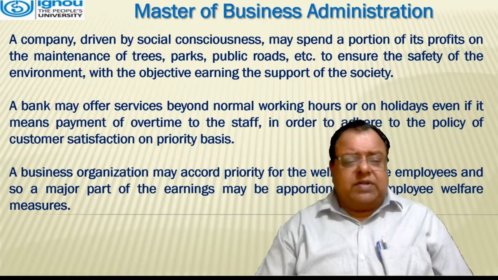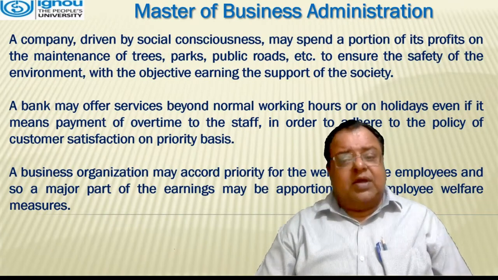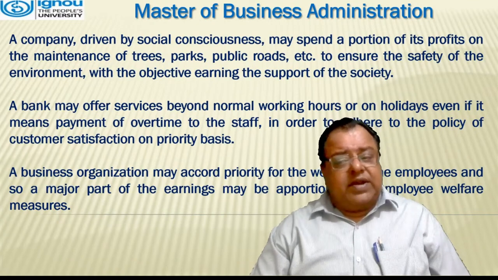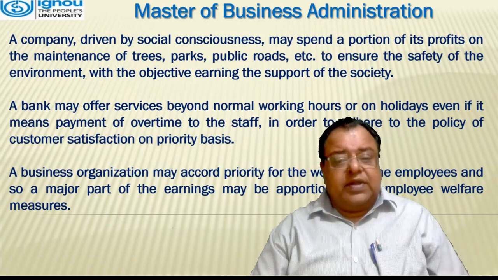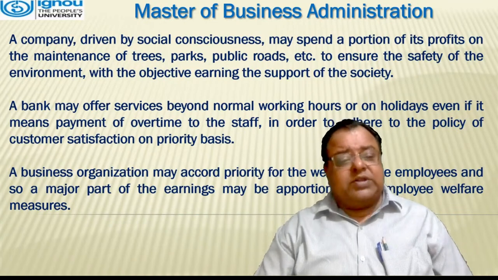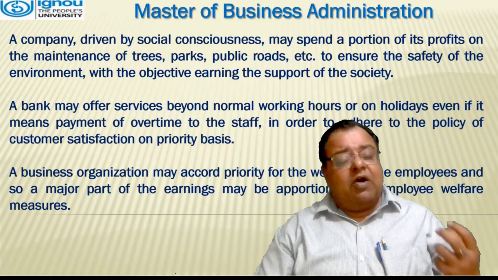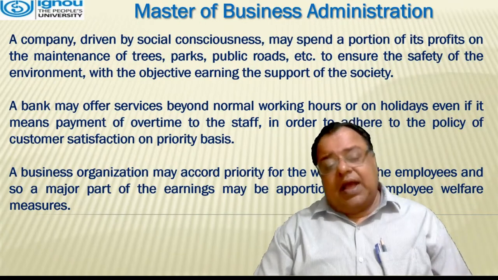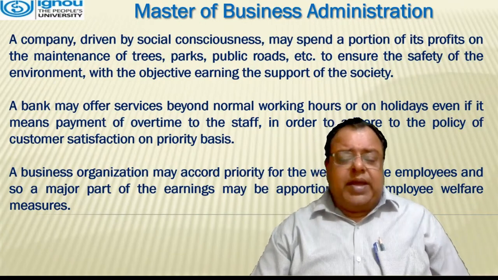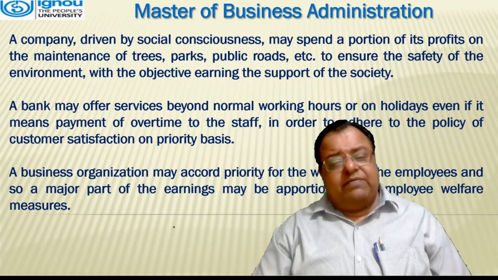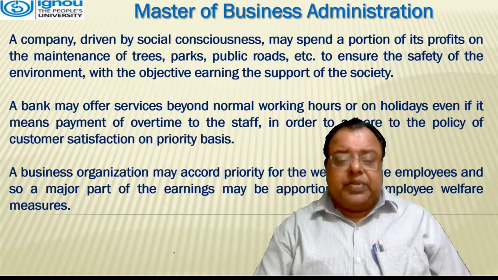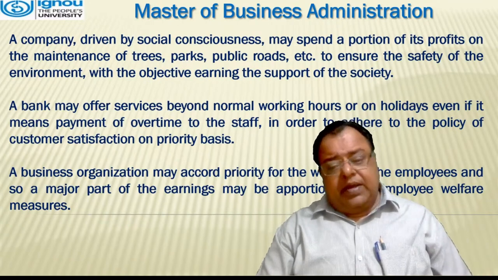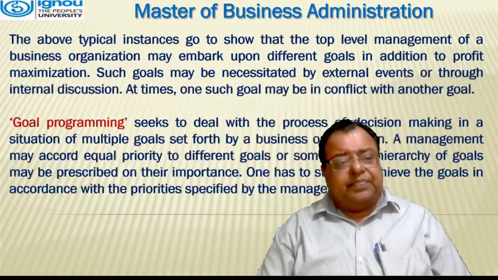A bank may offer services beyond normal working hours or on holidays, even if it means payment of overtime to the staff, in order to adhere to the policy of customer satisfaction on priority basis. A business organization may accord priority to the welfare of the employees, and so a major part of the earnings may be spent on the employee welfare needs.